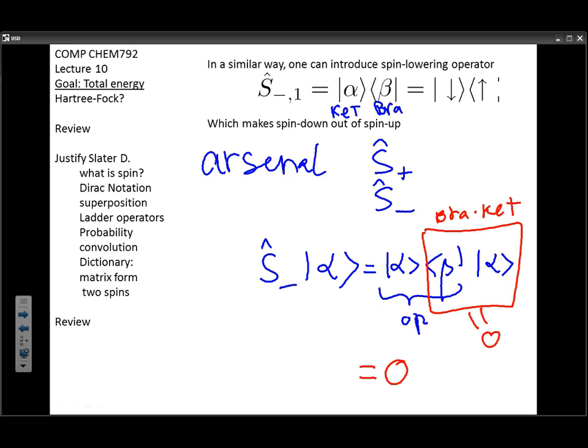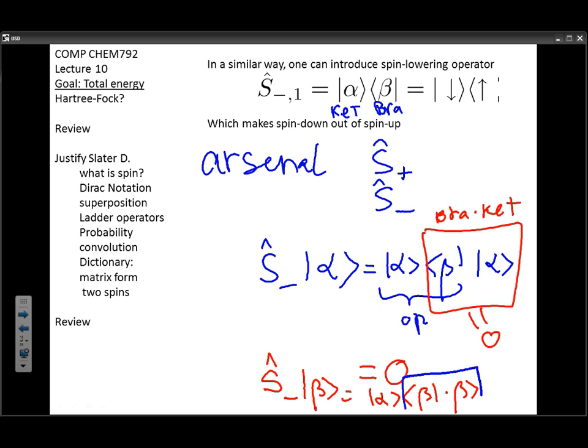Well, if you have S minus times beta, it will be alpha beta for the operator, okay, times beta.